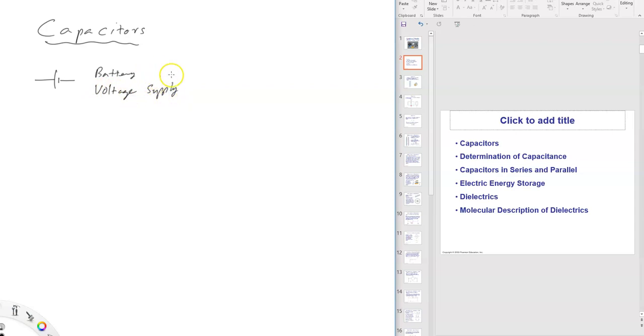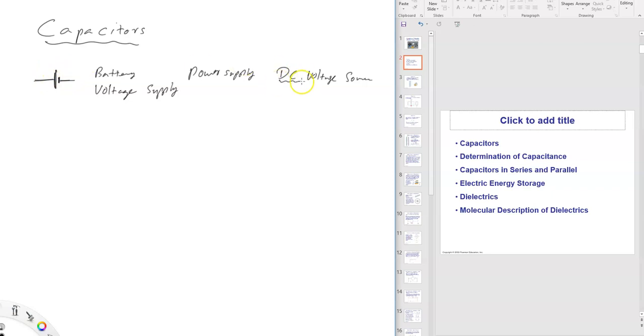There's many names, or sometimes we call it power supply, DC voltage source. All these names can be used for this thing. It's a DC battery or a DC voltage source or a power supply, a DC.